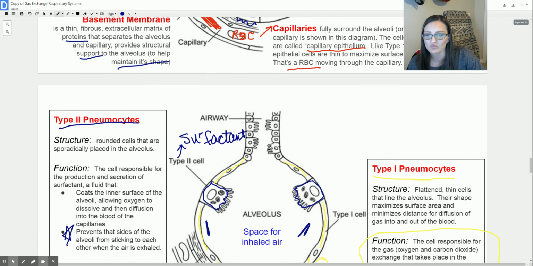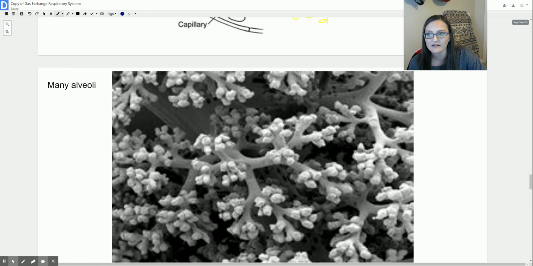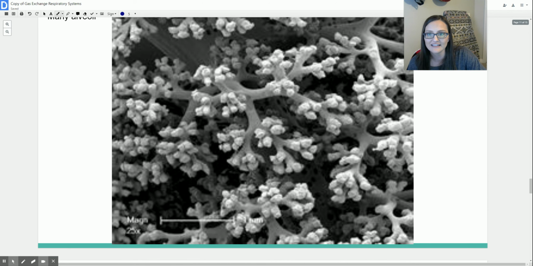Let's see if I can show you some really cool pictures. There we go. Look at all the alveoli. That's so neat. So here are some bronchioles right there, and then these are your alveoli. They look like little clusters of broccoli. Very cool. This is a micrograph.